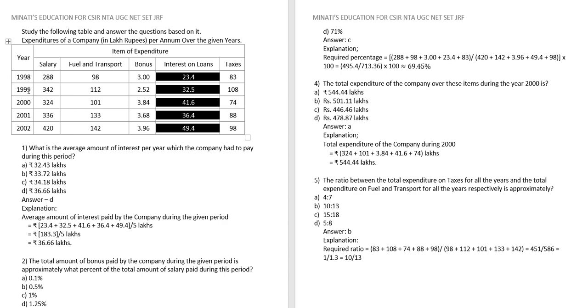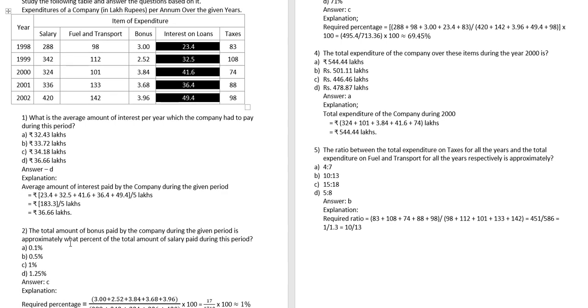Why? Because 1, 2, 3, 4, 5 are the five different years. Just make the summation, that is total divided by 5, and you will get the average. This is such an easy problem. Okay, come to the next question.